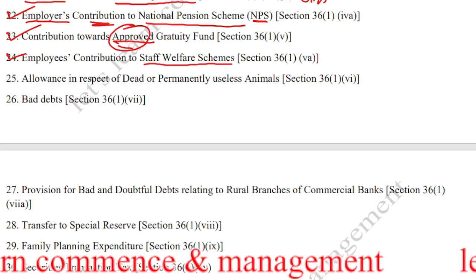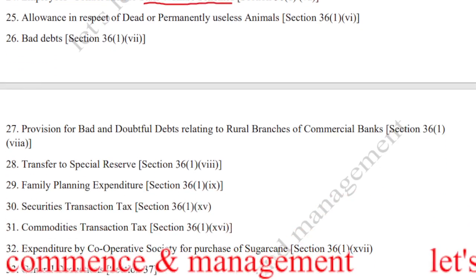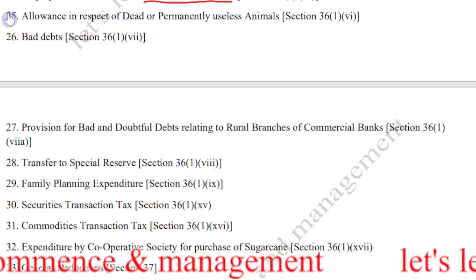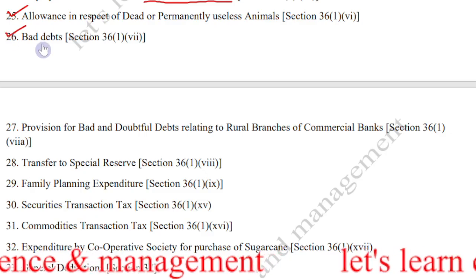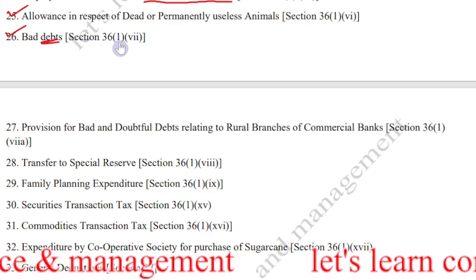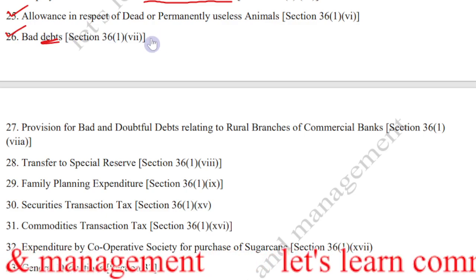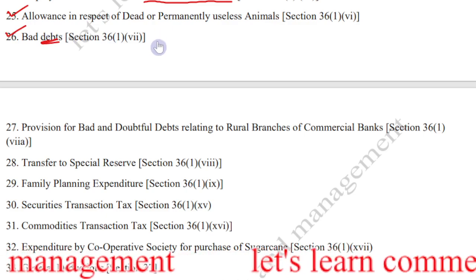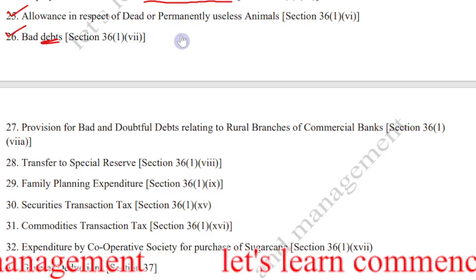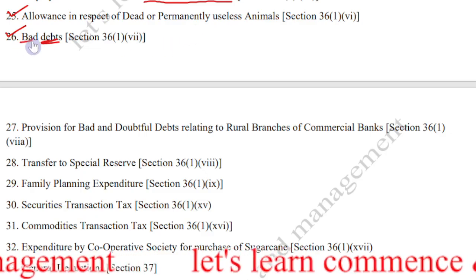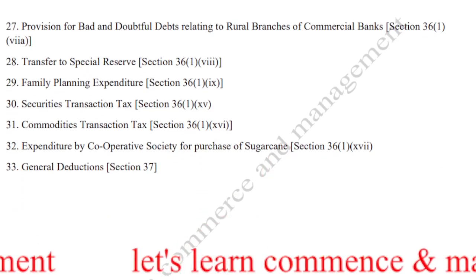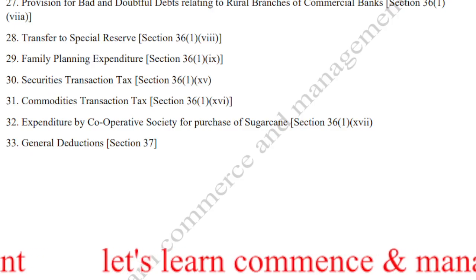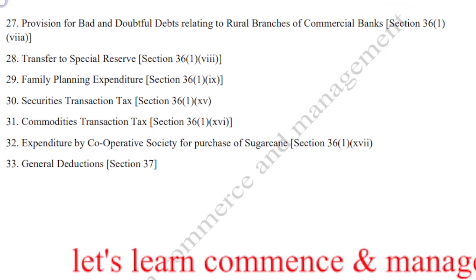Allowance in respect of dead or permanently useless animals. Then bad debts. Bad debts are those debts which are receivable but the debtor is not paying them. Next, provision for bad debts.